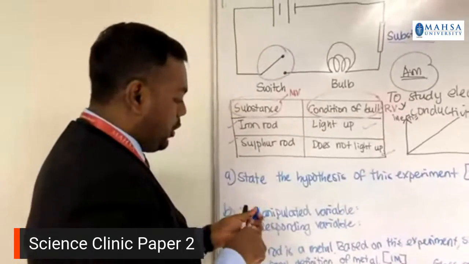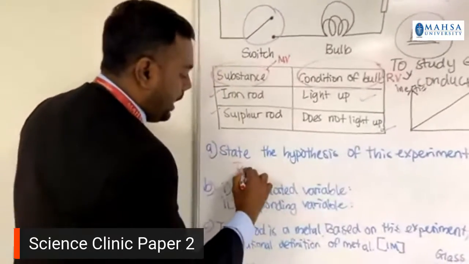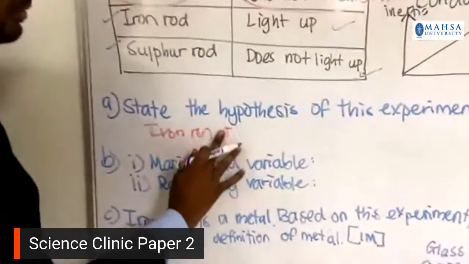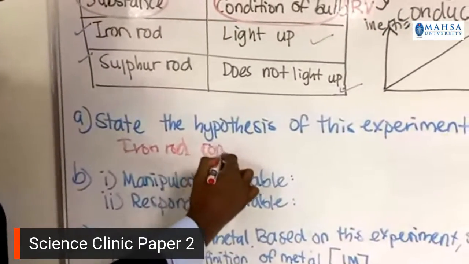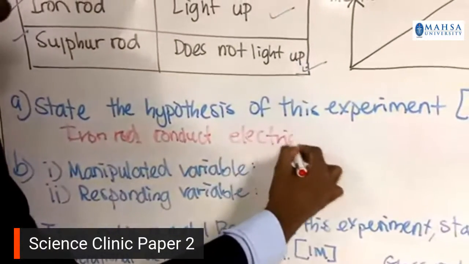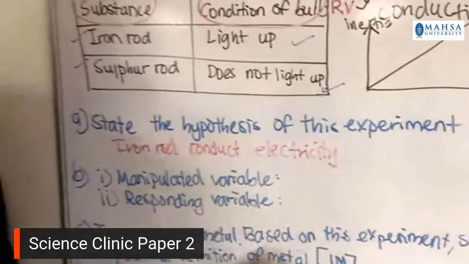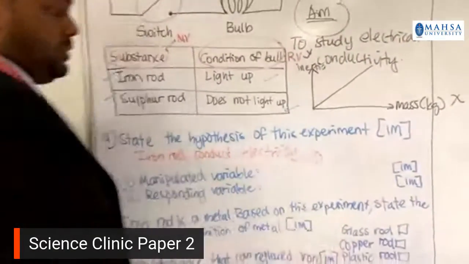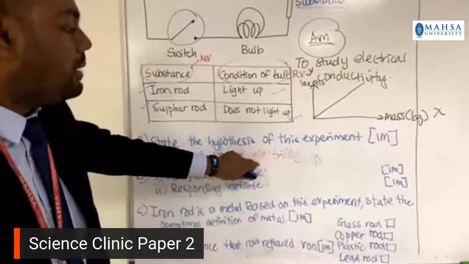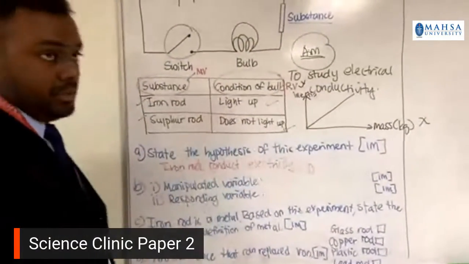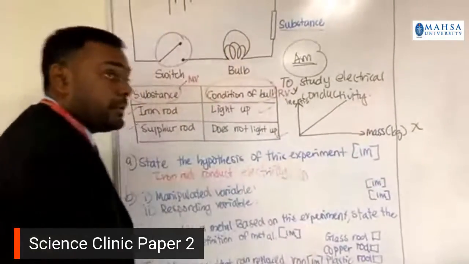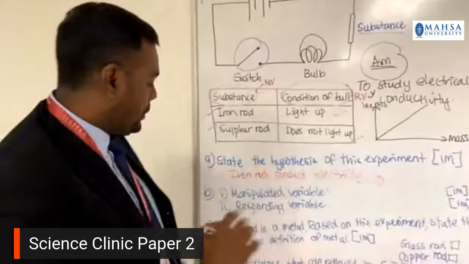So you write: iron rod conducts electricity, and you will get 1 mark. Some students will write that the iron rod causes the bulb to light up, which is also accepted, because both test the electrical conductivity. All right, moving on to the next question.